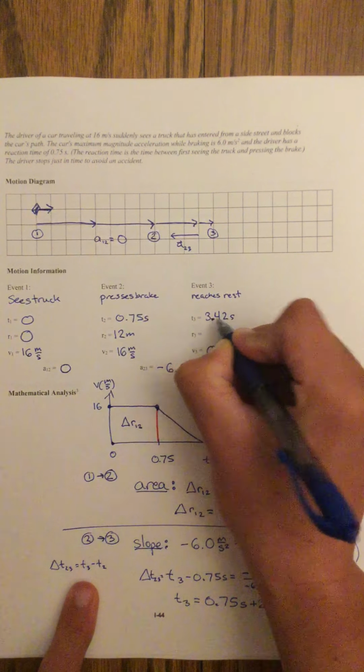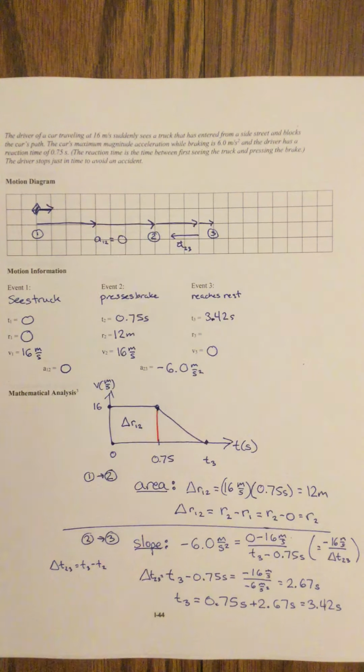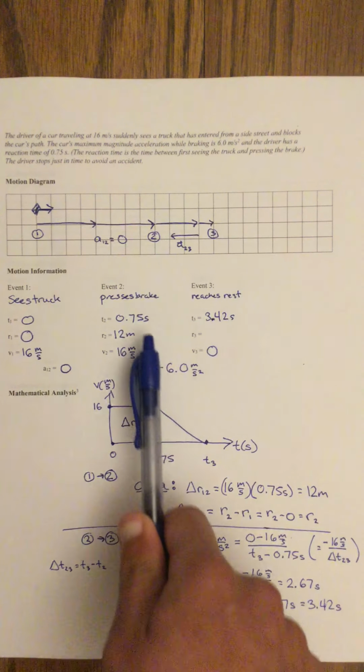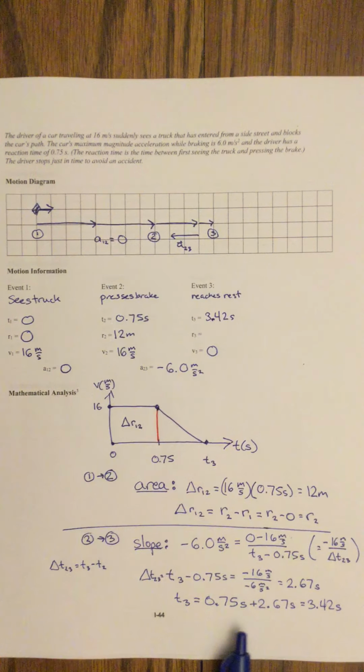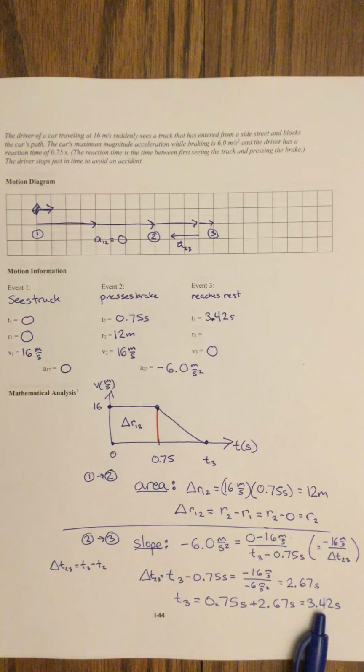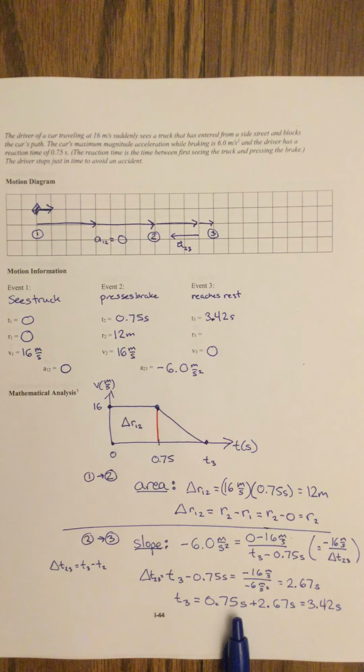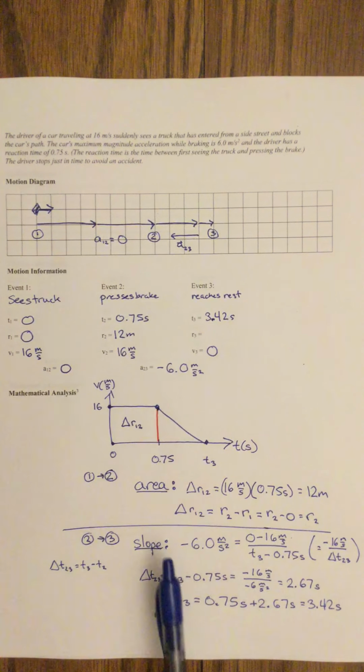Okay, and you can see if this was 1.75 seconds instead of 0.75, and I rounded it to two significant figures when I put it in the table here, then the 3.42 that I got would be a little off if this had been rounded to something else. Okay, so I did T3 from the slope.